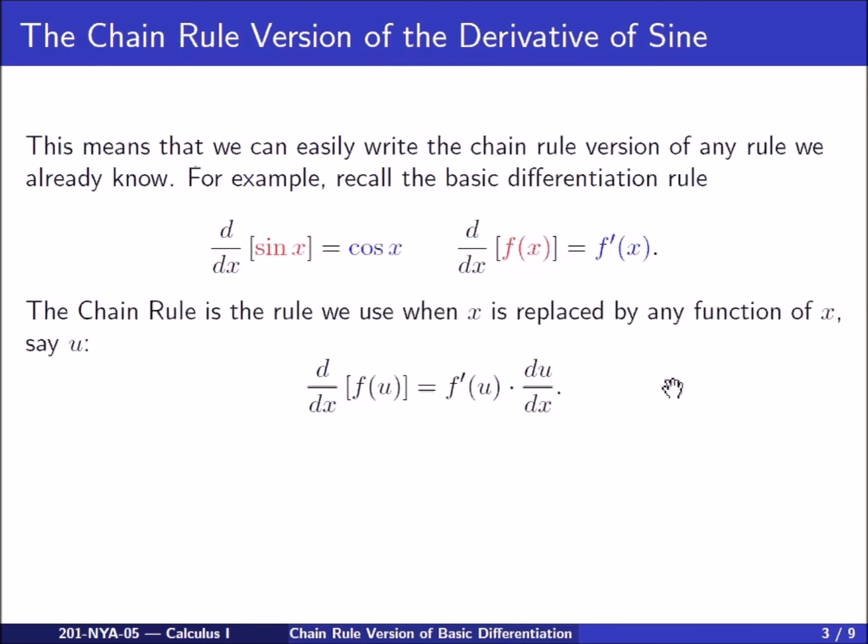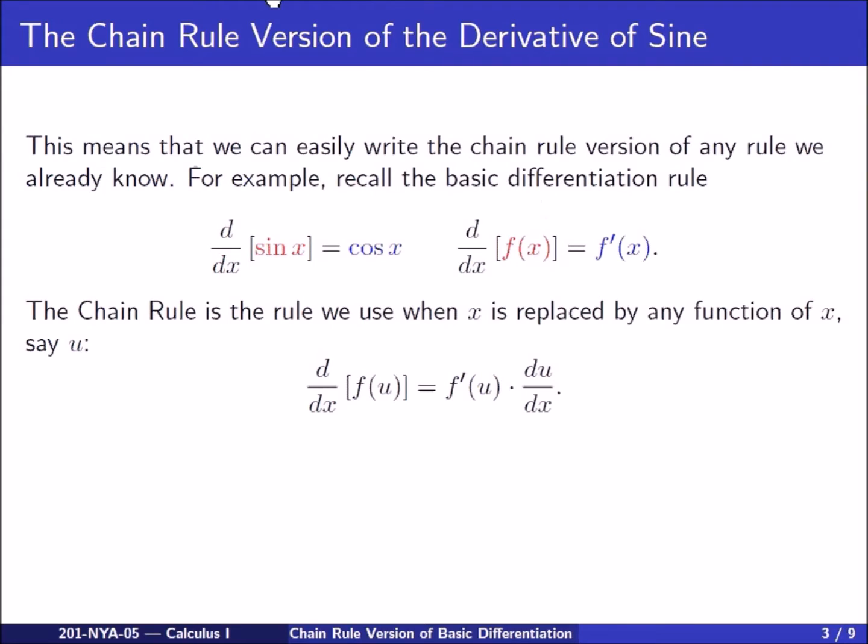Once again, the chain rule says that the derivative of f of u will be f prime of u times du dx. So to take this basic differentiation rule and adapt it to the chain rule, all I need to do is replace x by u, and in the end I multiply by du dx.